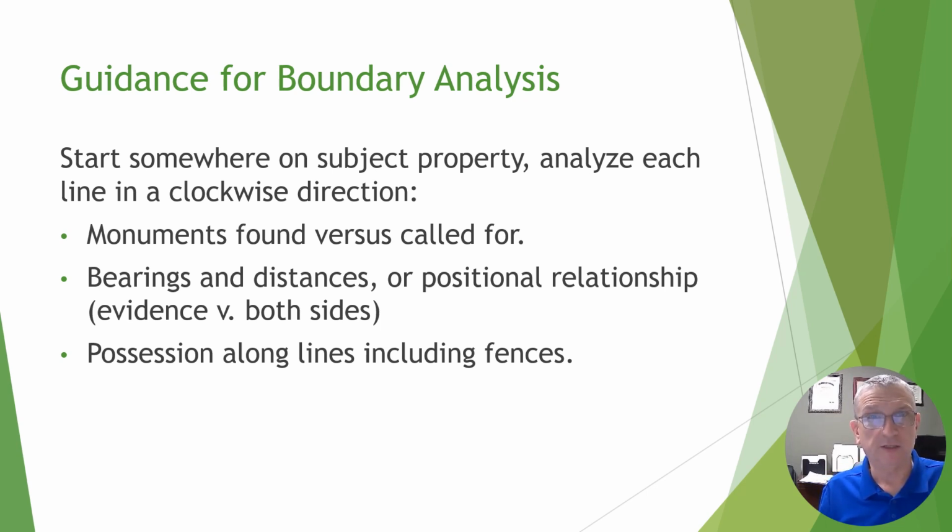If there's a fence and a timber line and a mow line and a potato patch that all recognize a line that goes somewhere besides that pin, you need to go over there and look, because those people probably set up their possession lines based on where they knew the corner was before it got tore out of the ground. Maybe it was innocently tore out of the ground by bush hogging or kids playing that didn't know what they were doing.